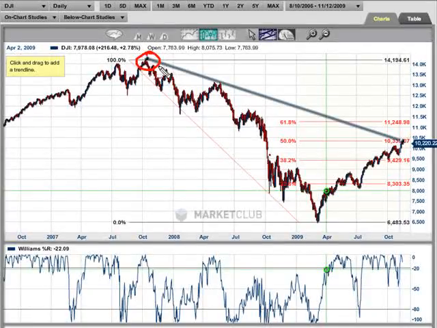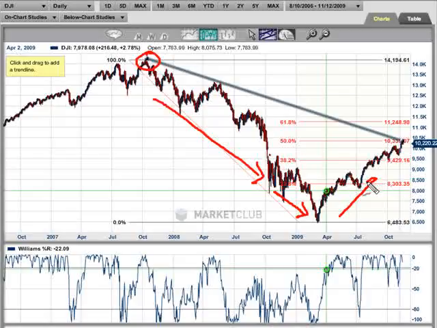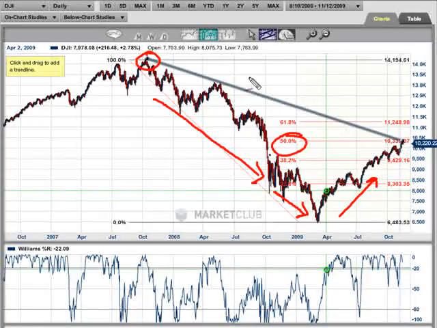That's the all-time high for the Dow, and that was in October of 07. Then we had the move down, as you can see, a pretty relentless move down, and then we've had the recovery. The recovery has come back to a very important Fibonacci level, which is a 50% retracement. It also coincides with this downtrend line.